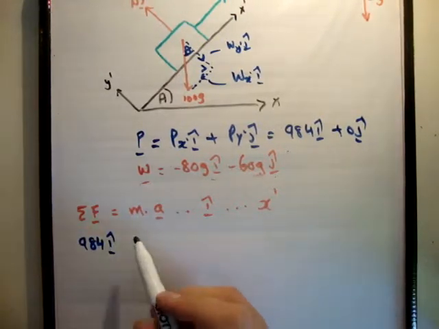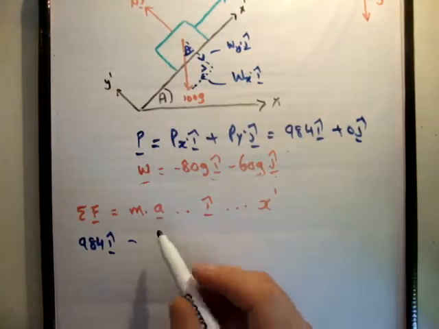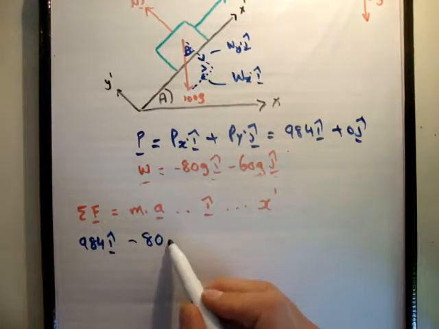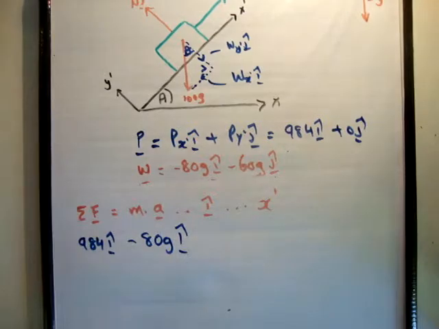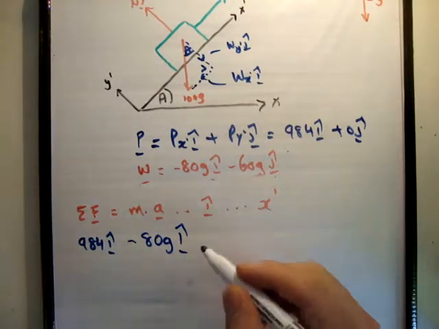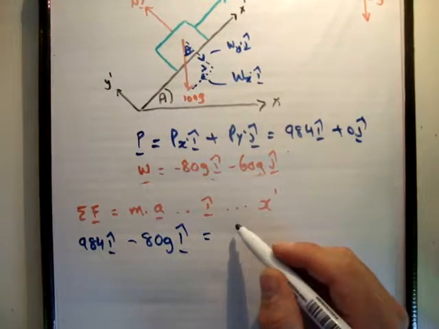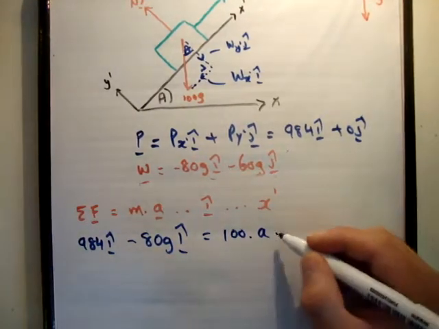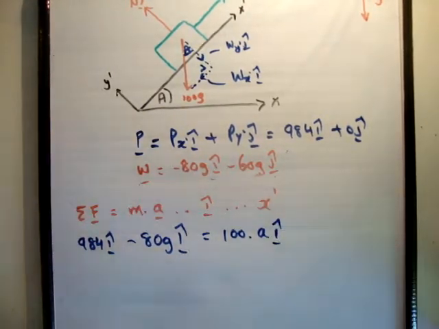We need to take away from that the weight vector, or we can say add the weight vector, but it's going to be 80g i hat, like so, is equal to the mass, which was, what was the mass again? 100 kilos times the acceleration vector, and that's okay. It's going to be in the i hat direction as well. So let's just pull out the calculator.